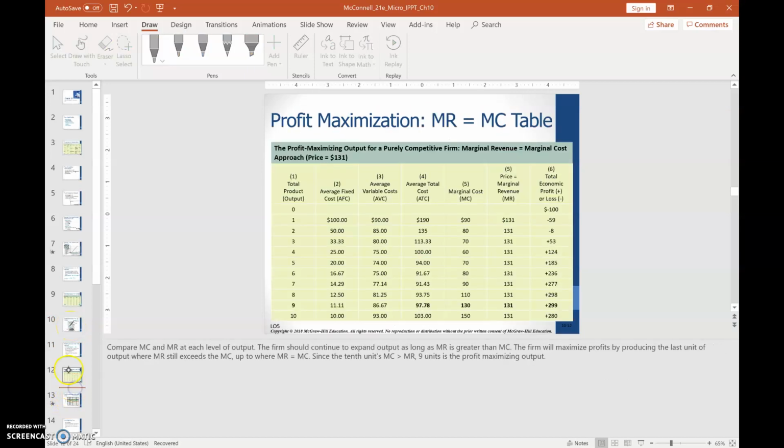Looking at the numbers here, we see the marginal revenue is approximately equal to marginal cost when 9 units of output is being produced, and the total economic profit is $299.